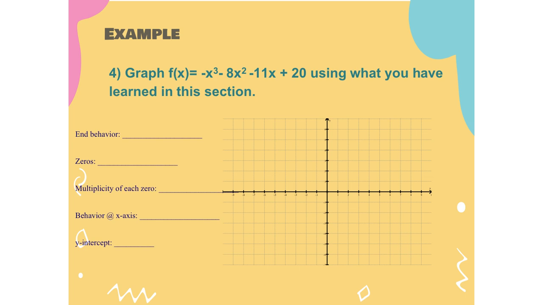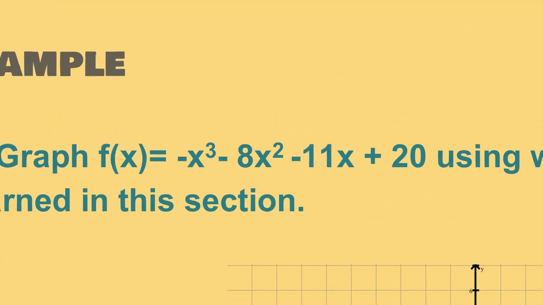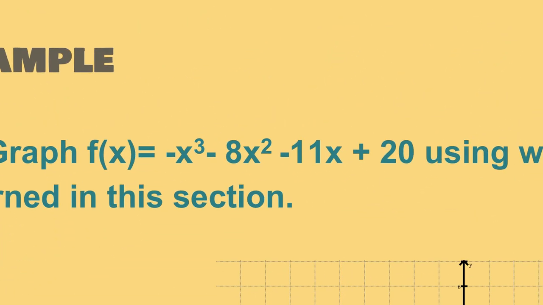So first thing I have to do is find my zeros. Looking at this one, that's the first step. I'm going to go ahead and first find my possible roots. That means I have to take the factors of the last term and the leading coefficient of my first, which is 1.